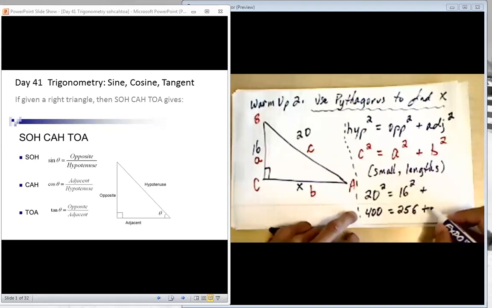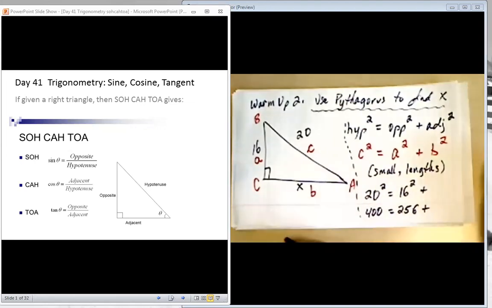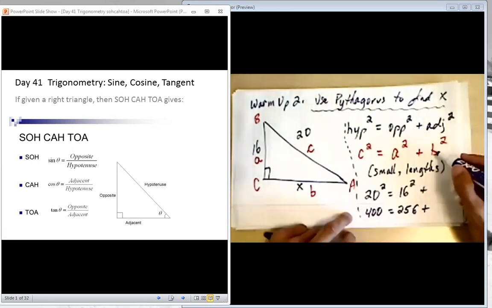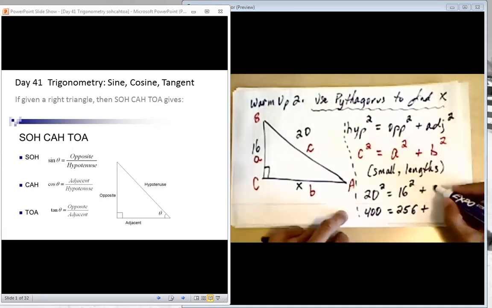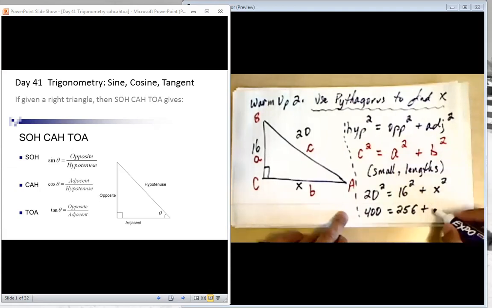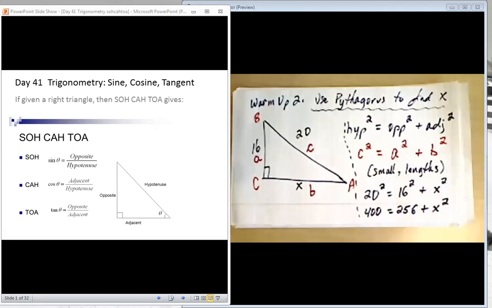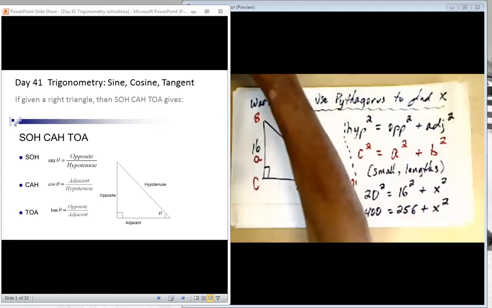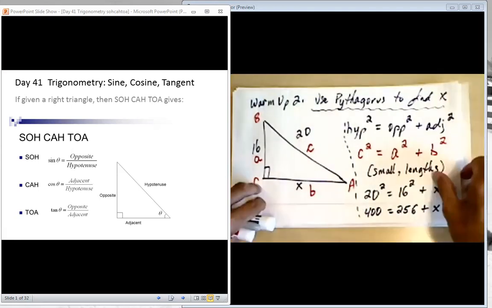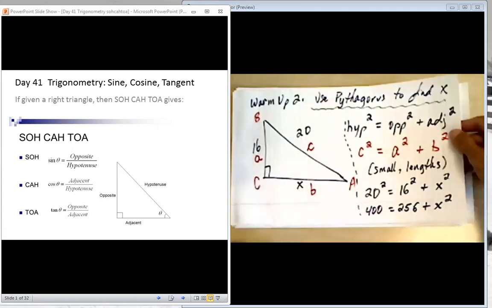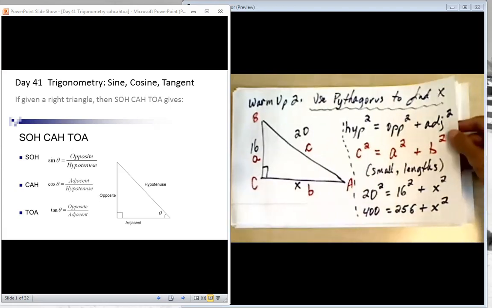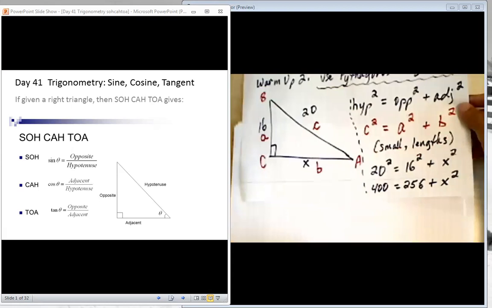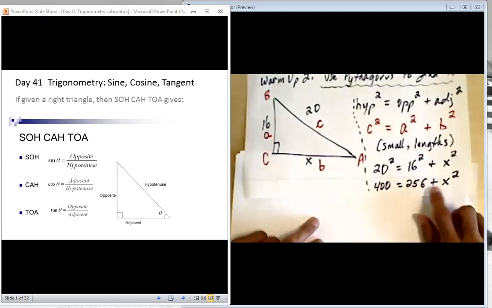Plus x, no longer b, so it's x squared, right? Looking like that now, true? So what comes next then? For this one, because we got squared and it's positive, we're going to keep it there.